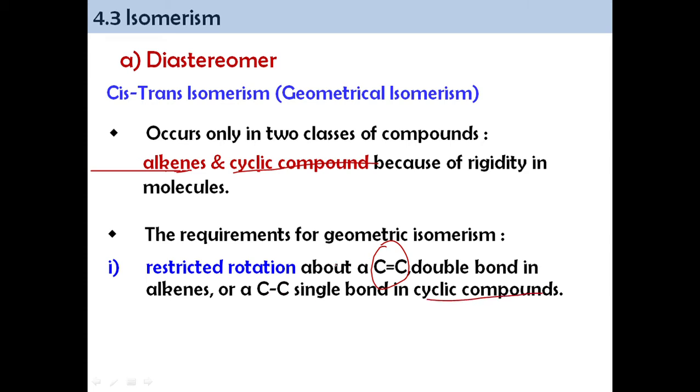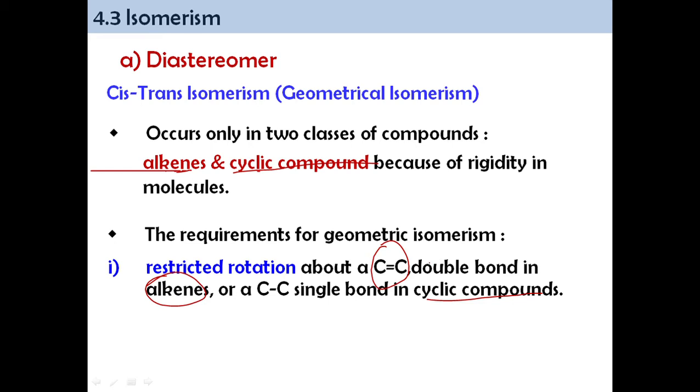Okay, jadi daripada requirement yang pertama, kita dapat tahu dua compound sahaja yang boleh buat cis-trans, iaitu alkene dengan cyclic. Okay, compound yang lain tidak boleh menghasilkan cis-trans isomer.